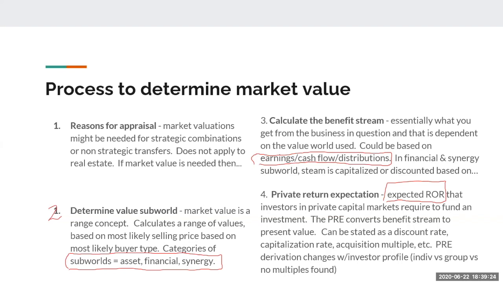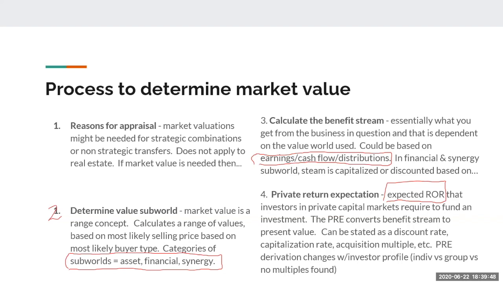What is that investor going to need to see in order for them to acquire your business? Like what sort of value or benefit can it add to the acquiring company if you were to sell it? So this can be stated as a discount rate, a capitalization rate, an acquisition multiple.